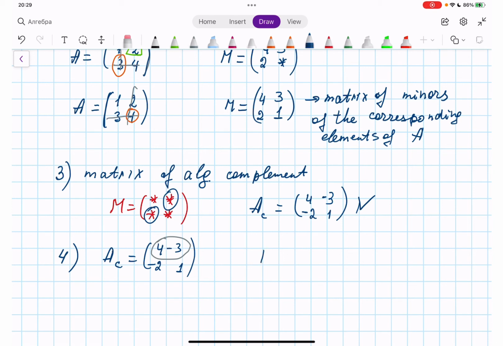So our transposed complement matrix is going to be 4, negative 3. Let me highlight this. Actually, I will do a much better way. Hold on.